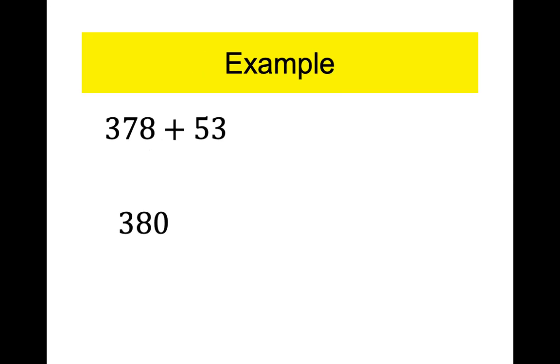That's kind of the idea. Now you can get a more precise answer by rounding to the tens place instead of the hundreds place. That would be 380 and 50, so the actual answer is closer to 430, right? So instead of 450, now we've made the answer closer to 430.